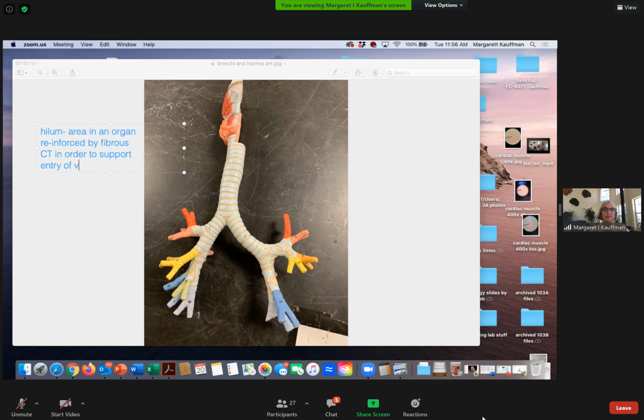So here the other tubes would be the bronchi, and in the kidney, it'll be the ureter. So it's just a generalized structure where you're reinforcing that area.